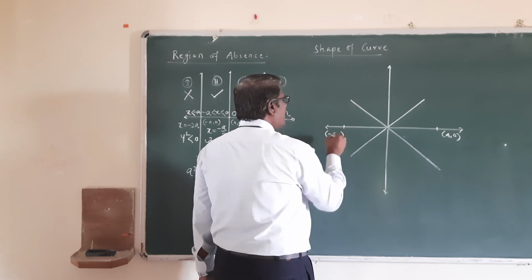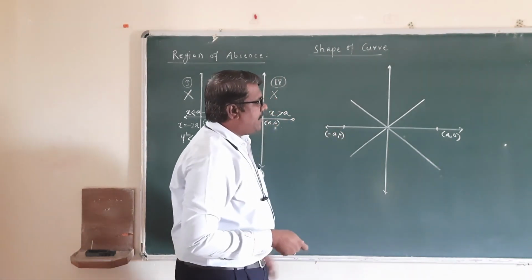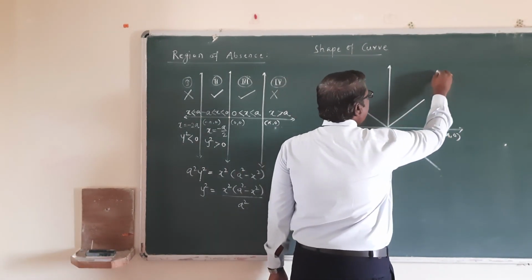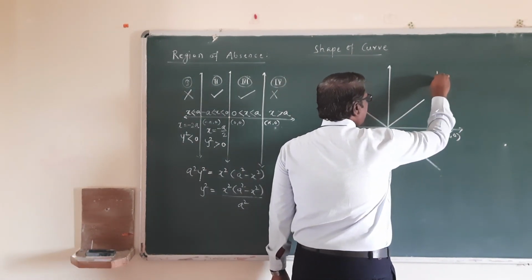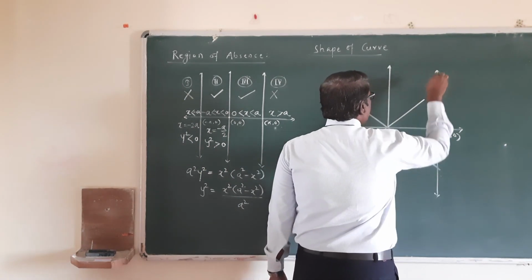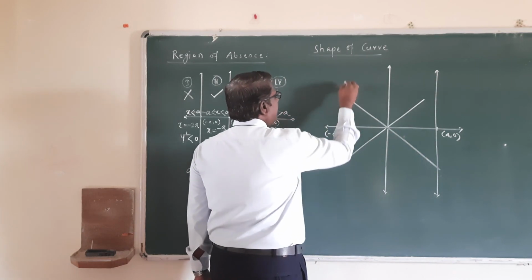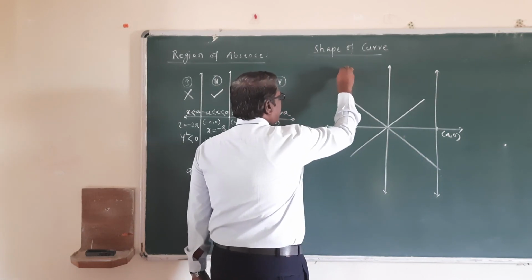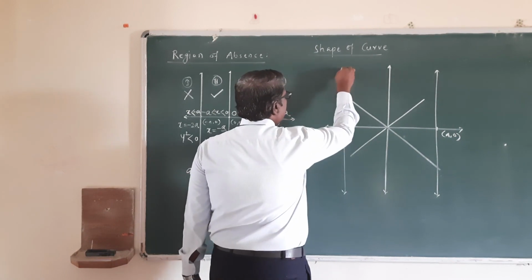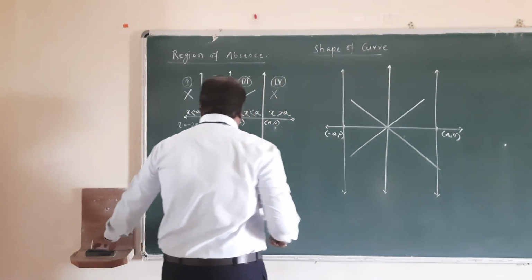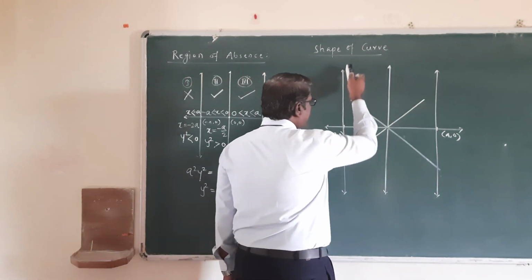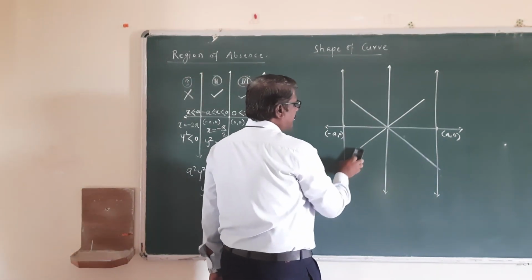Now at these 2 points we have already calculated the equation of the tangent. At a0 the line x is equal to a is the tangent, and similarly the line x is equal to minus a is the tangent at minus a0.